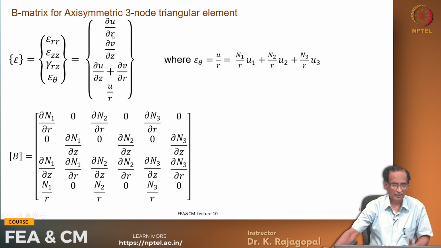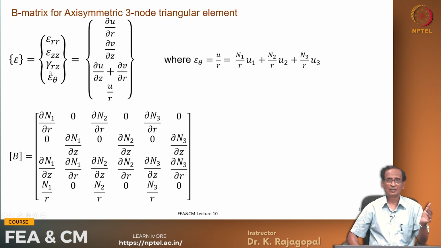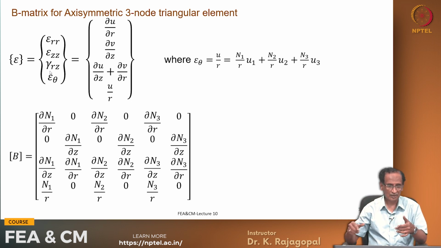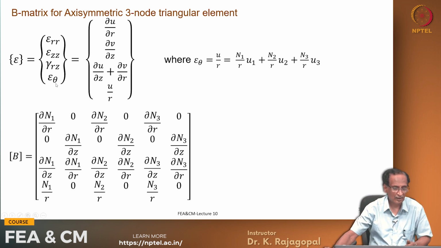So, how do we write the B matrix for the axisymmetric case? For the axisymmetric case, we have 4 strain components: epsilon RR, epsilon ZZ, gamma RZ, and epsilon theta. Epsilon theta is what we had seen in the previous class, the circumferential strain, that is the change in the circumference because of any displacements, and this we have seen as u by r.